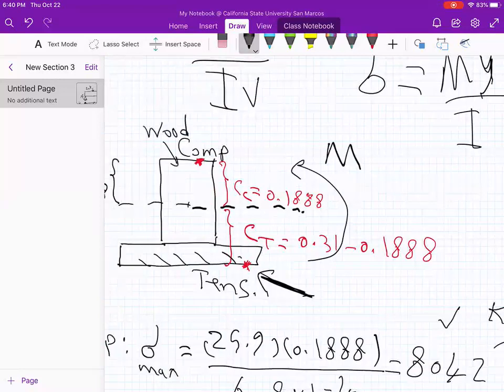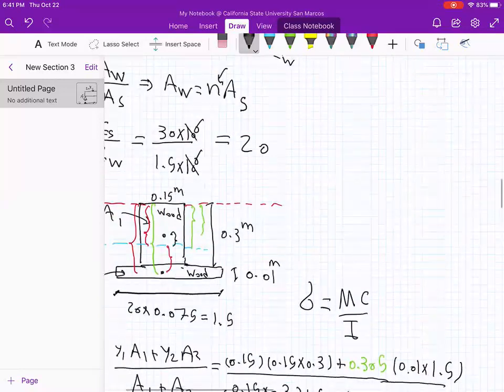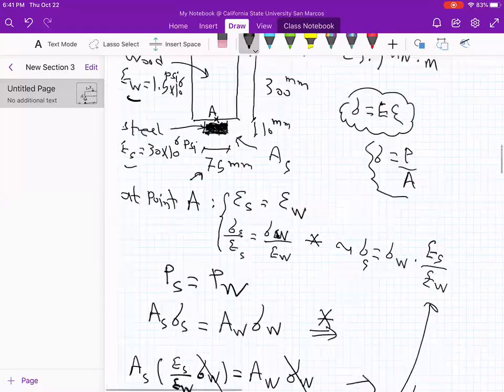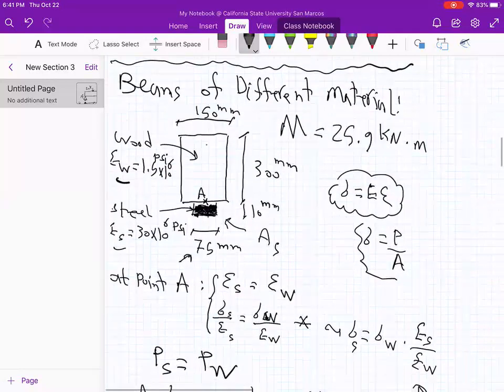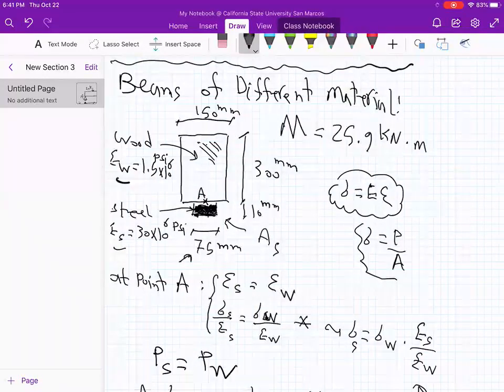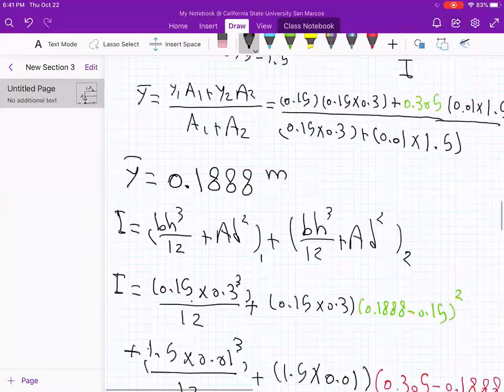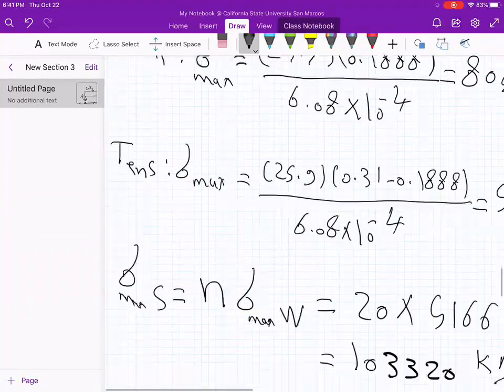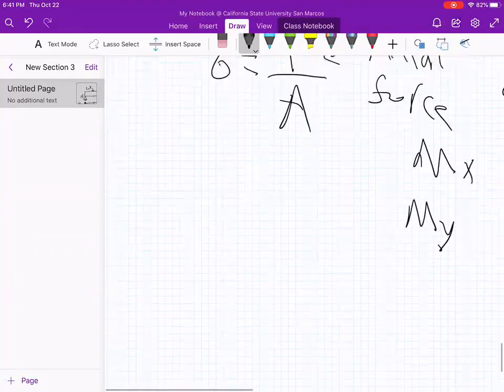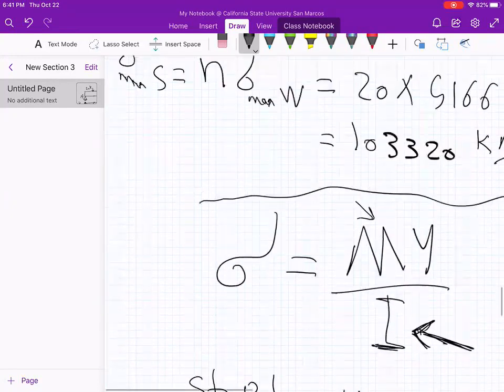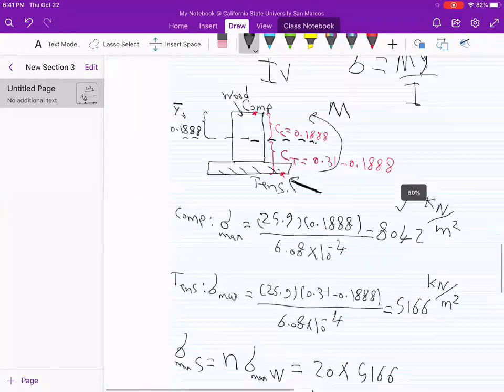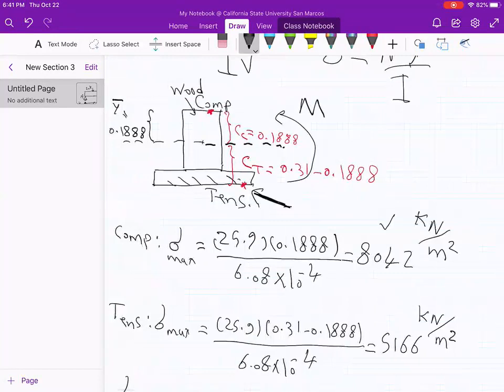In the original figure, look here, this is wood. We didn't touch this. But in the bottom, this point is in the steel, and because here we have steel, for this point we use equivalent wood, right?